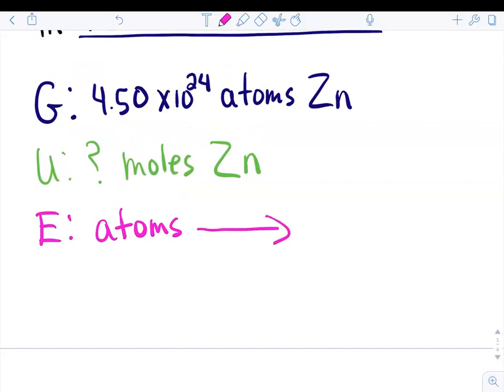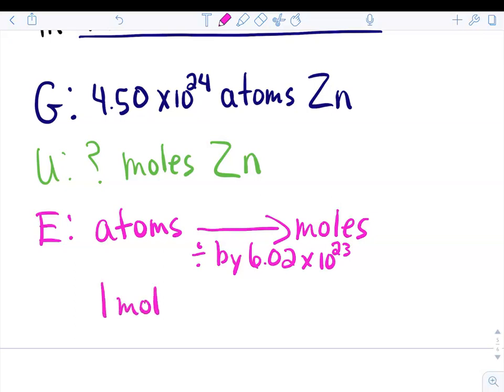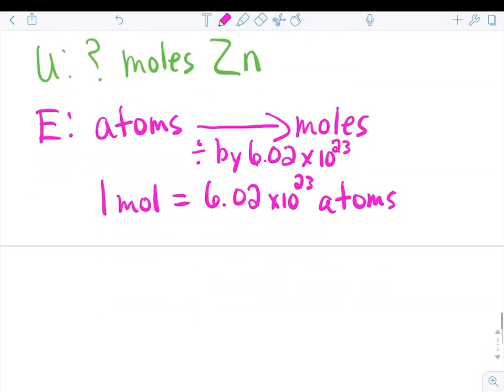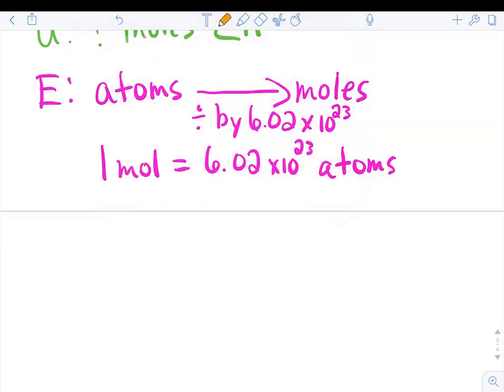I'm putting that on the bottom because that number, Avogadro's number, is going to go on the bottom of my fraction. And then remember that 1 mole equals 6.02 times 10 raised to the 23rd atoms. Okay? And then we're ready to do our setup.